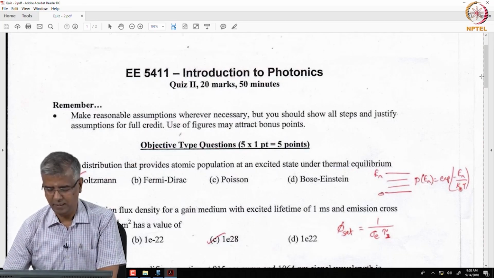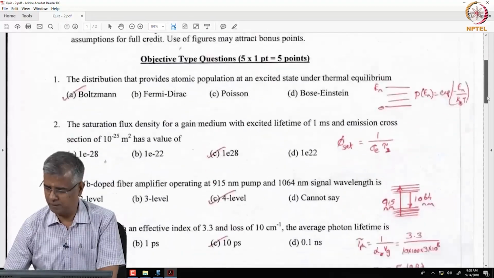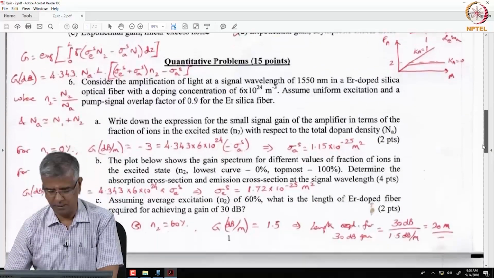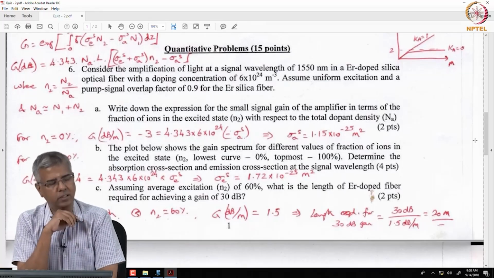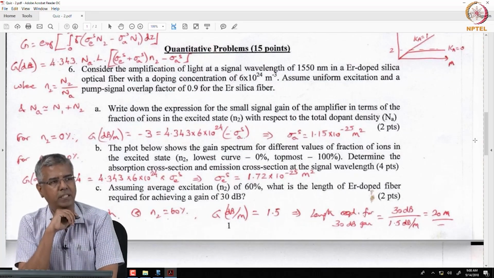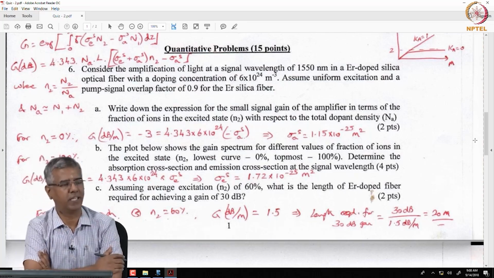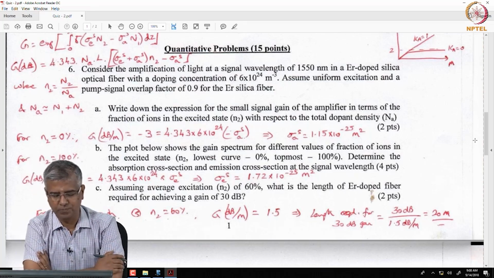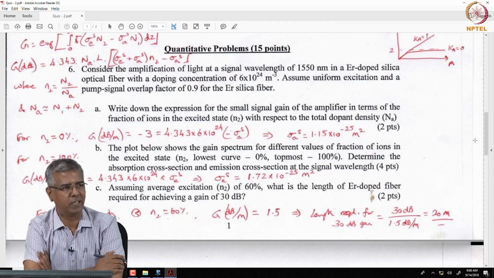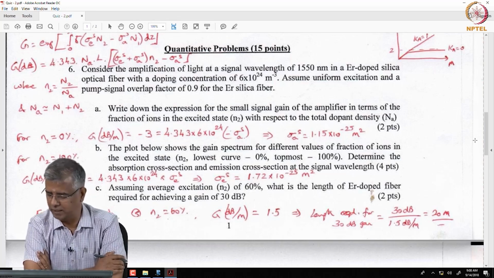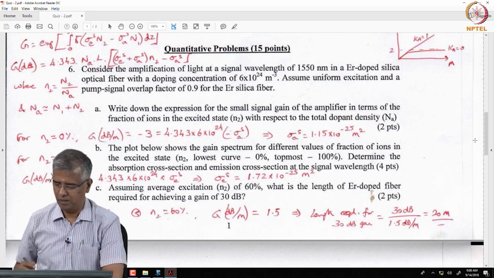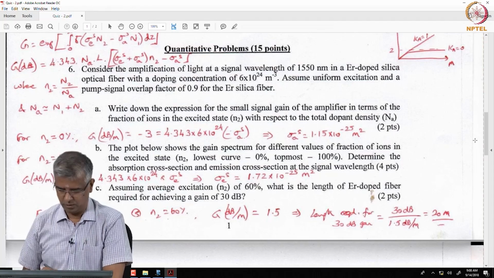So, this is the quiz 2 paper, and from that paper there is this one question on amplification using an erbium doped silica fiber. So, let us see if we are equipped to handle such a question. Let's take this example and see how we can do this.